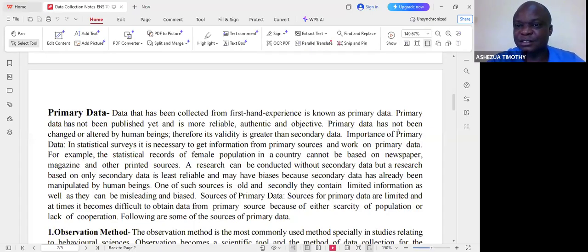Primary data has not been changed or altered by human beings. Therefore, its validity is greater than secondary data. Yes, because it's from primary data that you publish it in journals, in books, in magazines, in monographs, textbooks.